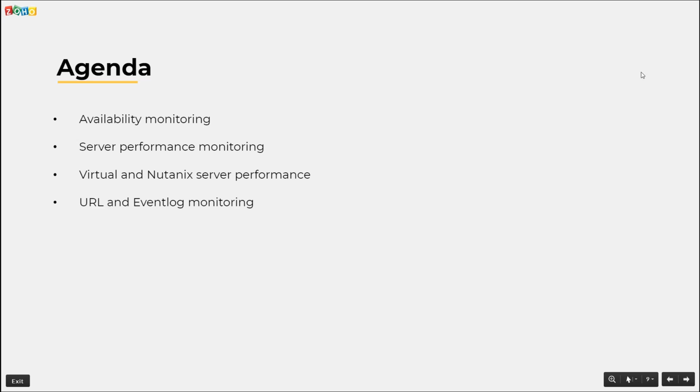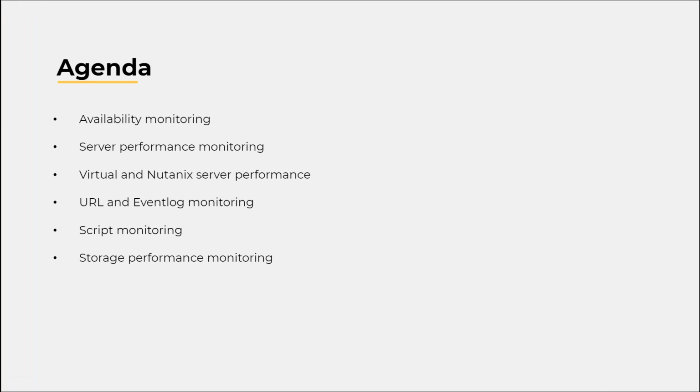We will also be seeing URL and event log monitoring, wherein in case you have a critical URL to be monitored, you can monitor it from OpManager. We will also be seeing script monitoring. And finally, we would be seeing storage performance monitoring, in case you have a storage device which needs to be monitored. We would let you know how to monitor storage devices in depth.